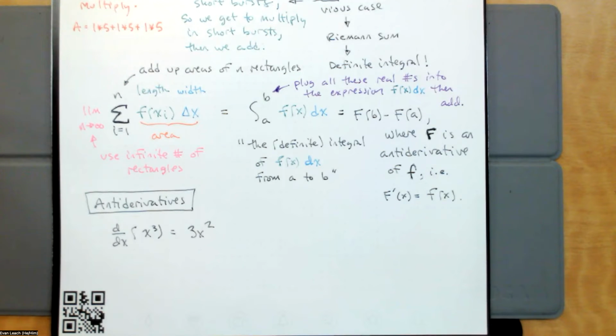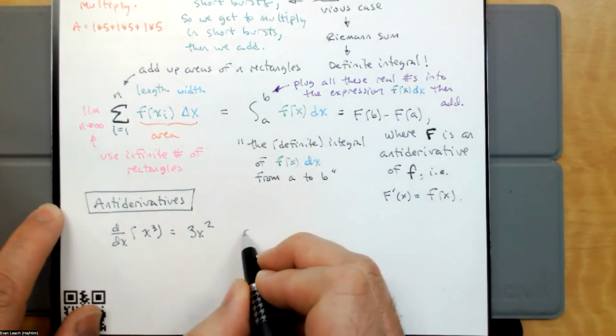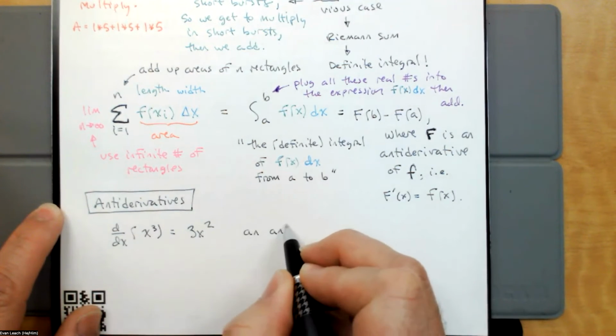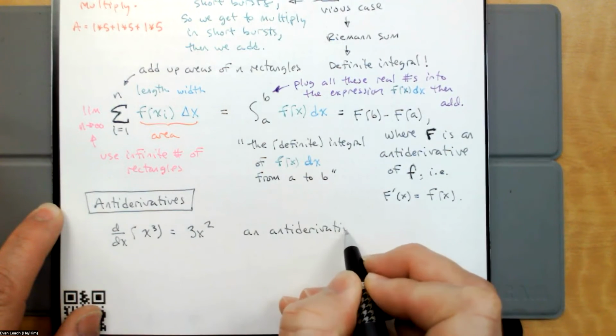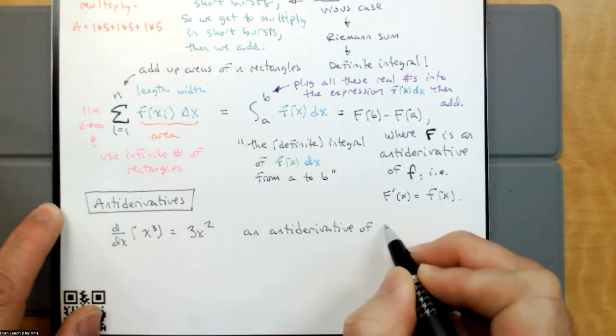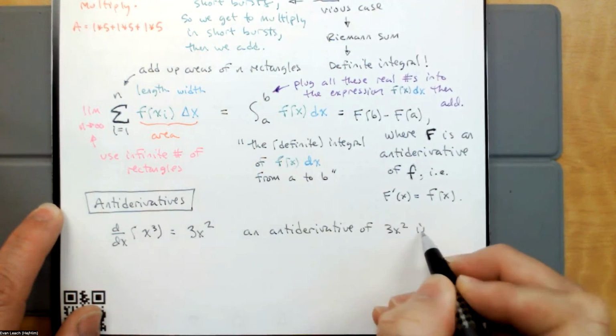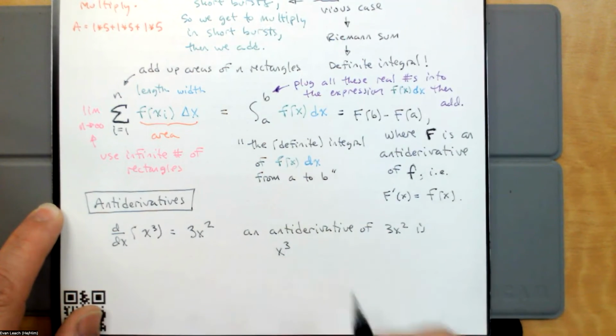An antiderivative of 3x squared is what? X cubed. So the derivative of x cubed is 3x squared. So an antiderivative of 3x squared is x cubed.